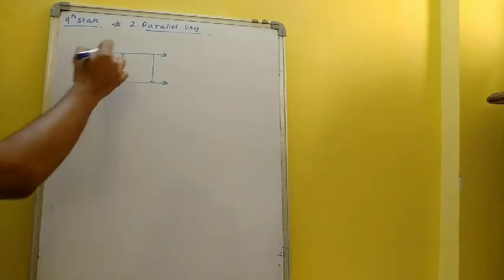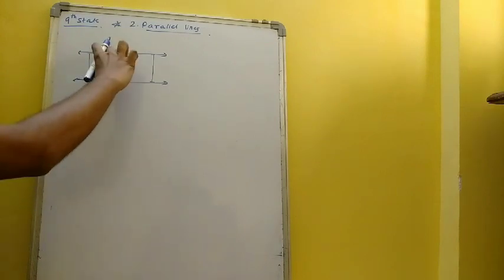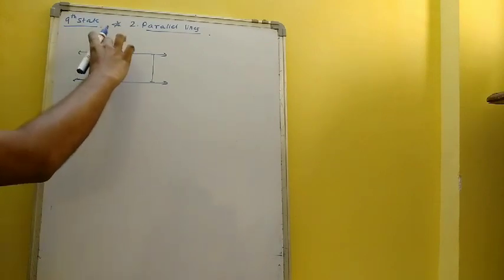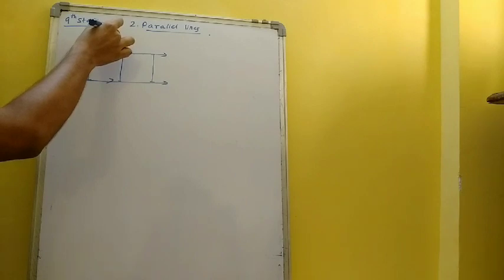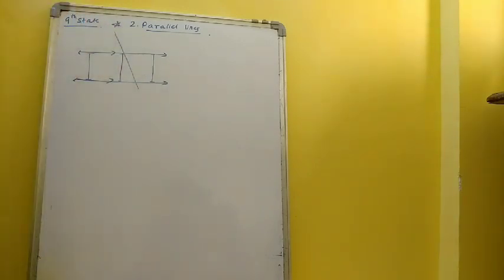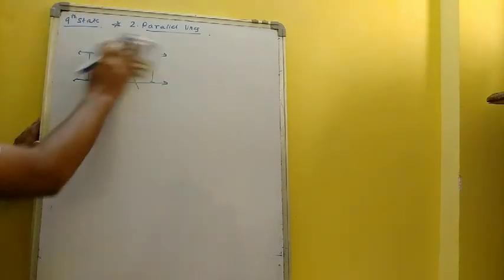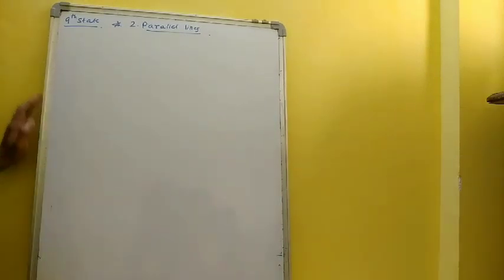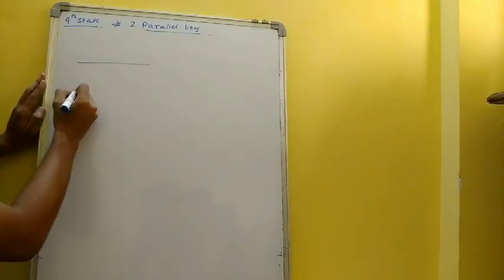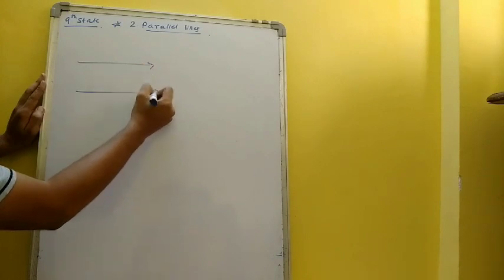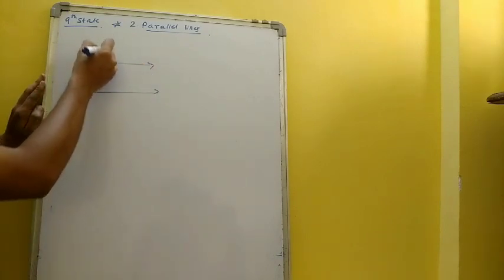Now, whenever there are two parallel lines and we have a transversal with them, I'll just erase this to make it clearer. I have parallel lines like this, and I have a transversal.